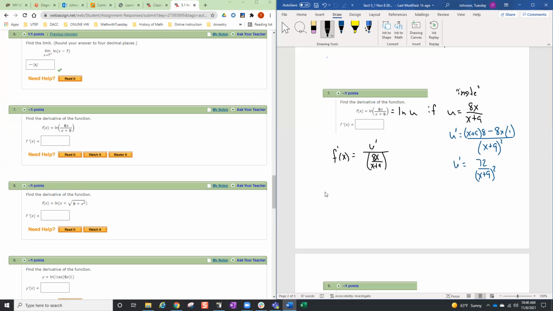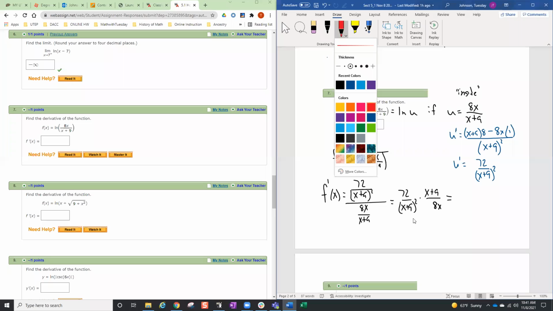So our derivative is 72 over x plus 9 squared, divided by 8x over x plus 9. But we know if we are dividing by a fraction, we can multiply by the reciprocal. And when we do so, our x plus 9s are going to cancel out.